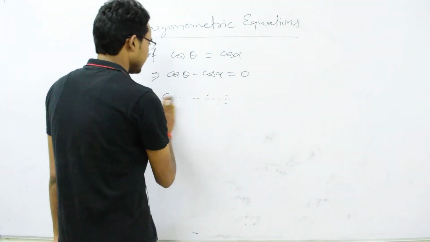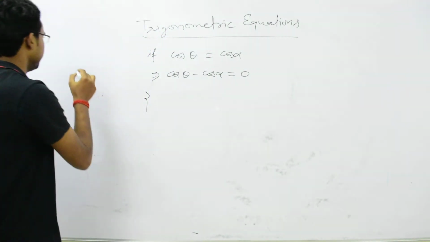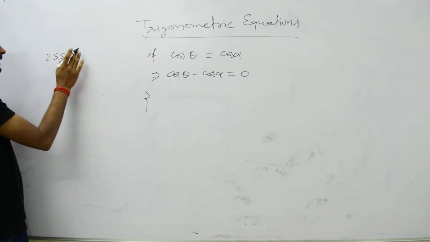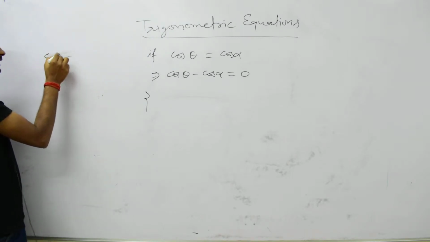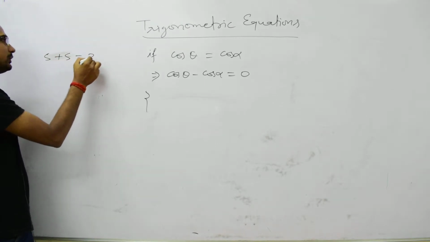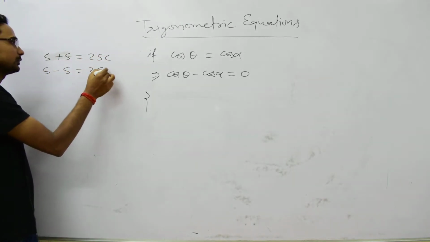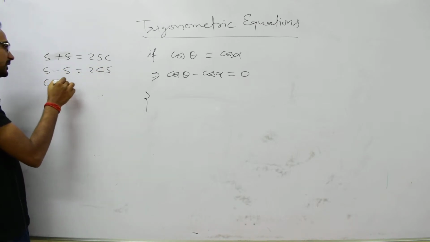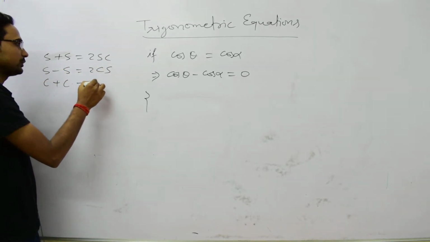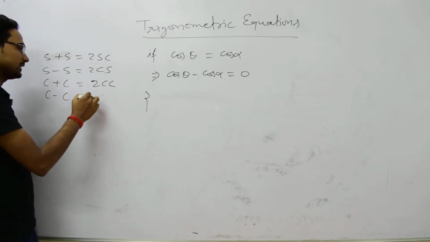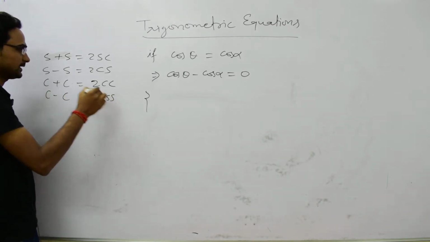This is the short trick for learning: sin plus sin is equal to 2 sin cos, sin minus sin is equal to 2 cos sin, cos plus cos is equal to 2 cos cos, cos minus cos is equal to star 2 sin sin.